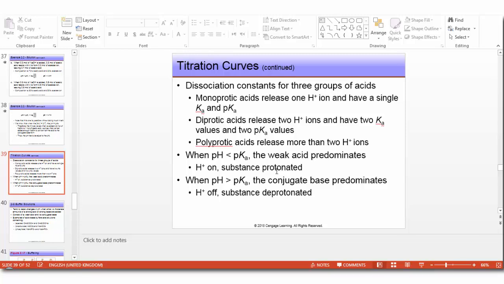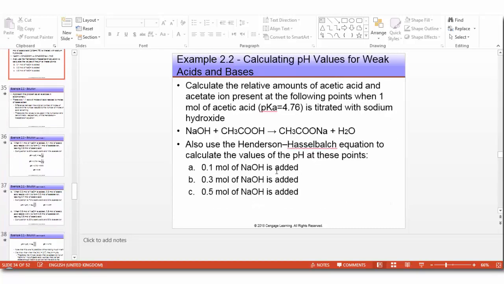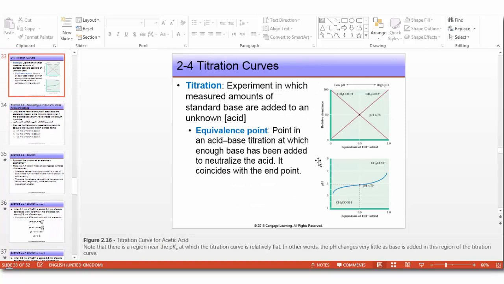Now, when the pH of a solution is greater than the pKa, then the conjugate base predominates and the proton is off, and the substance is deprotonated. When the pH is less than pKa, then the weak acid predominates and the proton is on, the substance is protonated. We can understand this more if we go back to this titration curve.